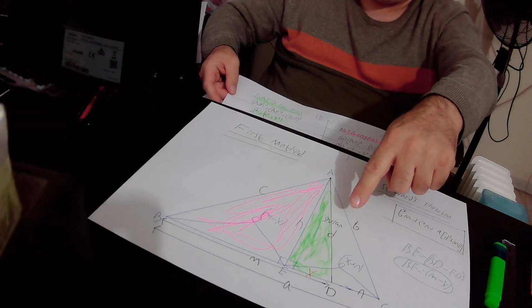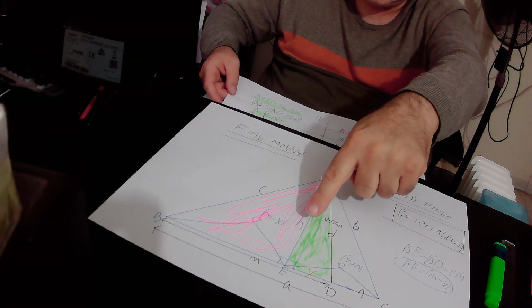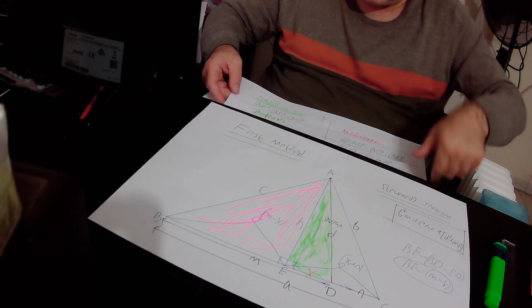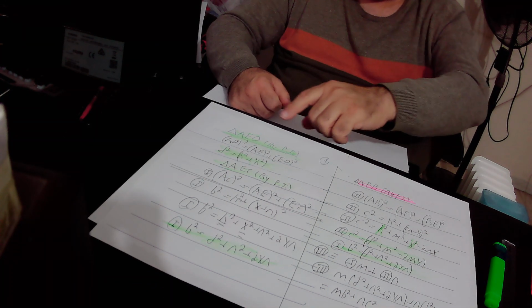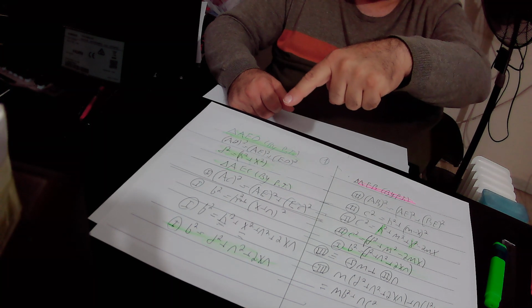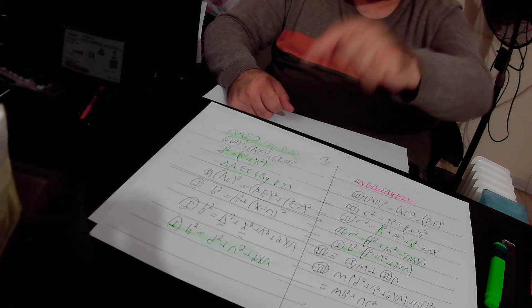AD equals d units in its length, AE equals h units in its length, and ED equals x units in its length. Therefore, we get that d squared equals h squared plus x squared.